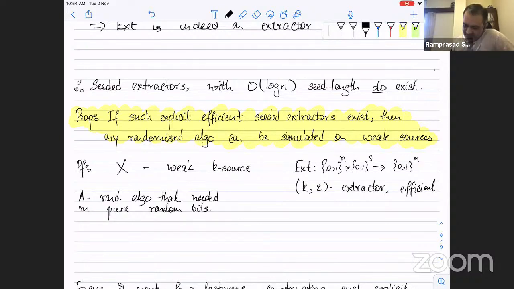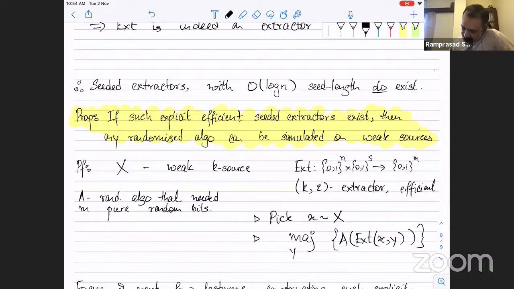Okay, so one simple thing to try here is the following. Suppose you want to run the randomized algorithm. First, you pick a sample X according to whatever the weak source of randomness is. Now what I'm going to do is run A on the extractor of X and Y, ranging over all possible strings Y in {0,1}^s, and just take the majority.